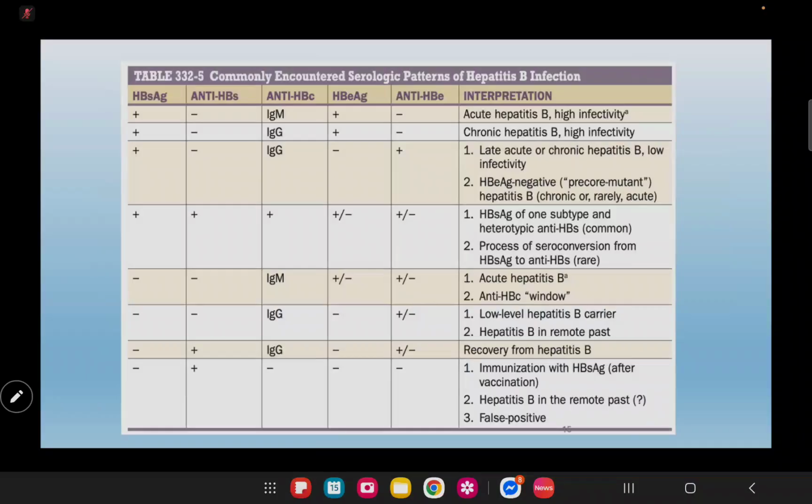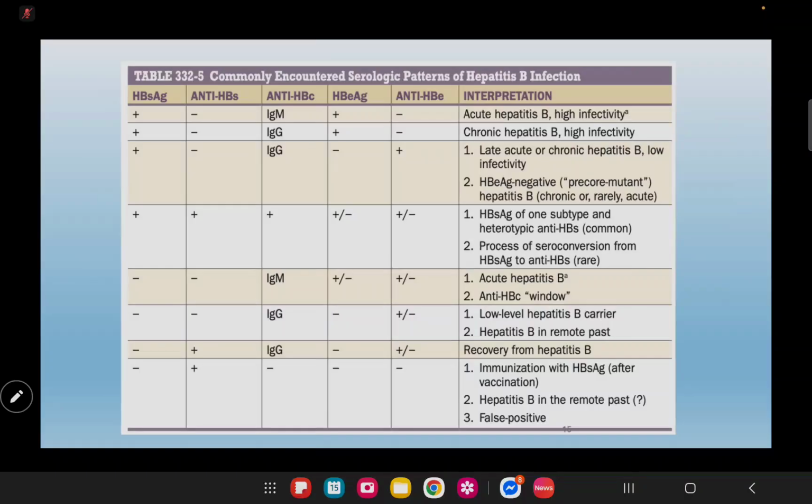This table in Harrison shows the commonly encountered serologic patterns of hepatitis B infection. If you are given a hepatitis B panel result, it is easier for you to interpret using this table. For example, the first one in the table, positive for surface antigen, positive for envelope antigen, and positive for anti-HBc IgM, is an acute infection with high infectivity.